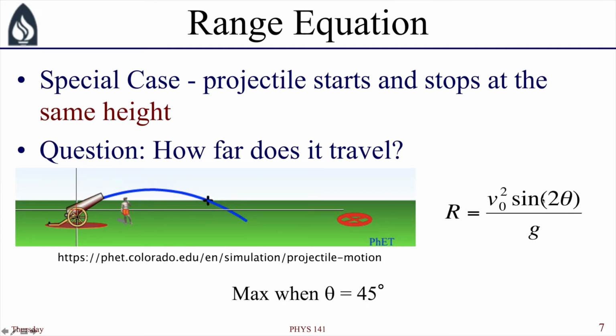But since we're doubling the angle, that means the optimal launch angle is 45 degrees. So we can see that using a projectile motion simulator. And you can see I've given the URL of this projectile motion simulator here in the slide. So let's go take a look at that simulator.